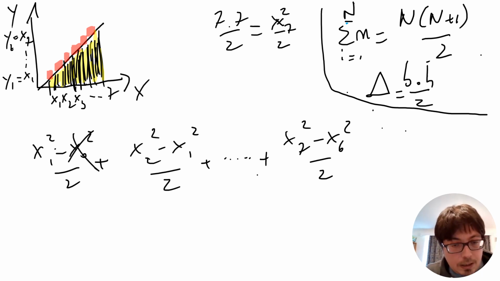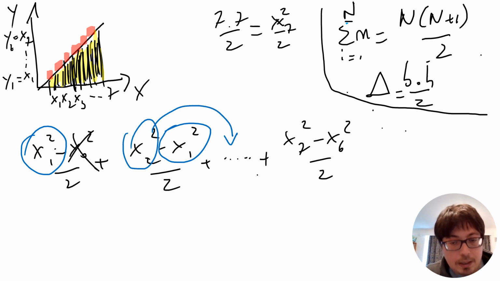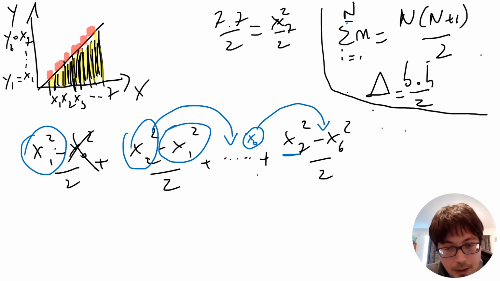But then x1 is cancelling, because this here and this one have opposite signs, and then this guy will be cancelled by the next term, and so on. And the x6 will be here, it will cancel this one, and then we will remain only with x7.